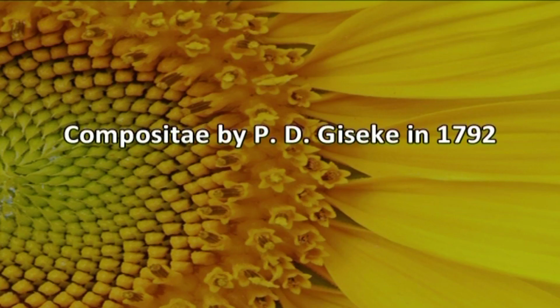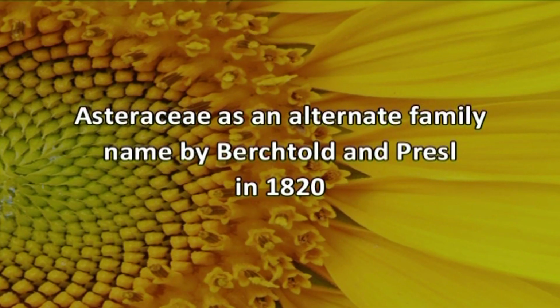The family Asteraceae was first of all established as a formal taxonomic category under the name Compositae by Jussieu back in 1792. However, later on, Asteraceae as an alternate family name was given by Berchtold and Presl in 1820.